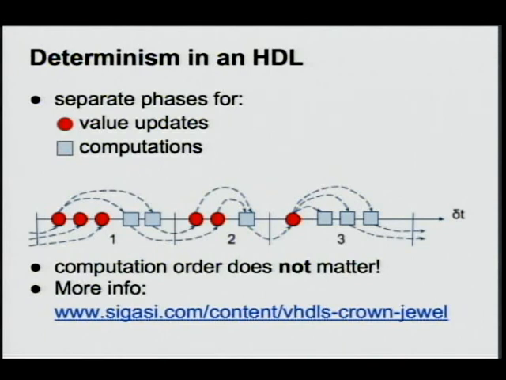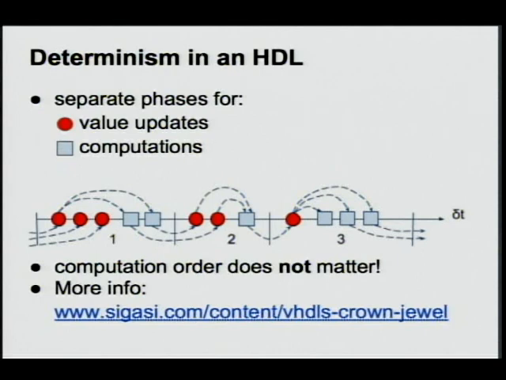So this is in fact how hardware itself also works. If some of you know how a flip-flop works, with a flip-flop it's like that. First you set up all the input values, and then you have a clock signal, and then the inputs are transferred to the outputs. So you have these separate phases. So that's how we do determinism.